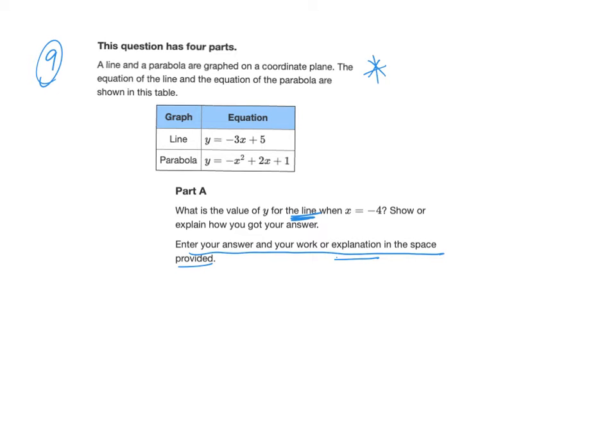Okay, so a lot of this problem is going to be order of operations. So let's first start off by writing the equation of our line. We have y equals negative 3x plus 5. And we want to know what the value of y is when x equals negative 4. So that means what we're going to do is substitute in negative 4 for x, and we are just going to simplify.